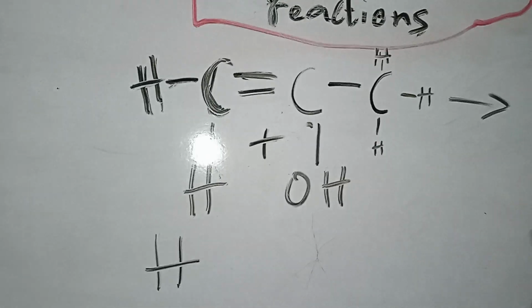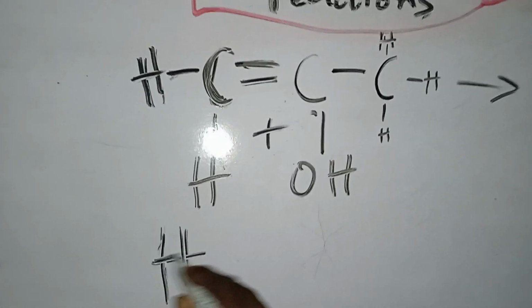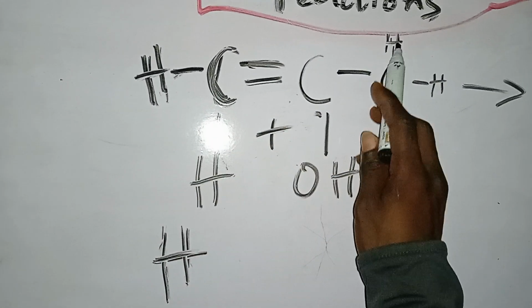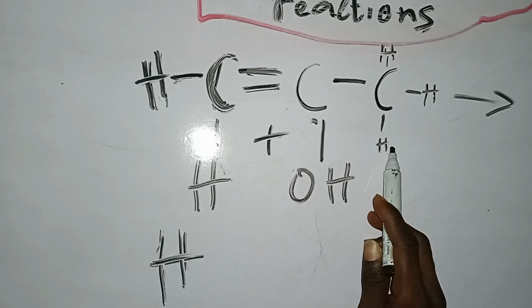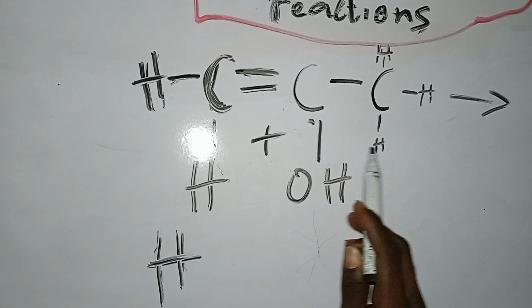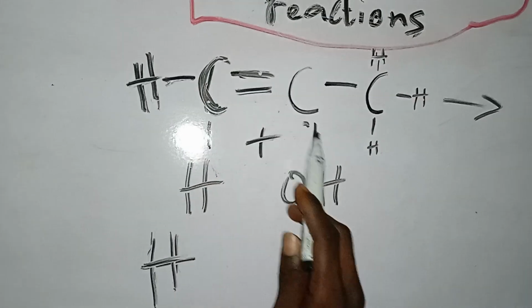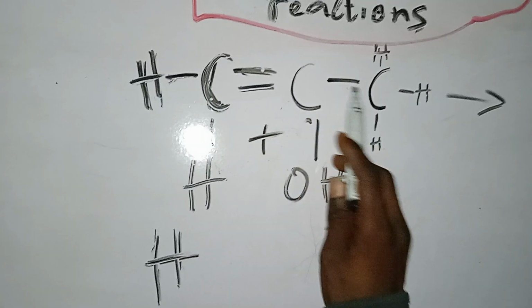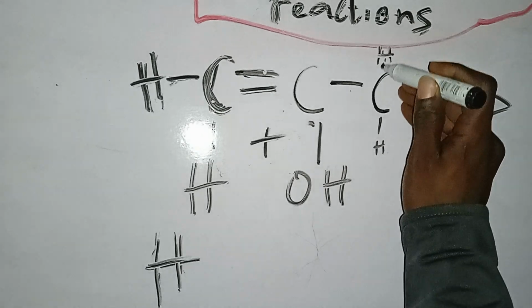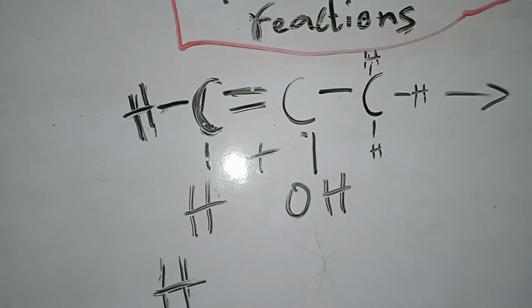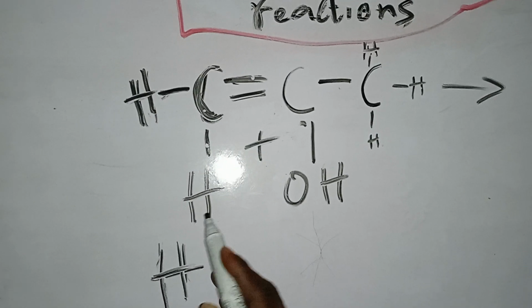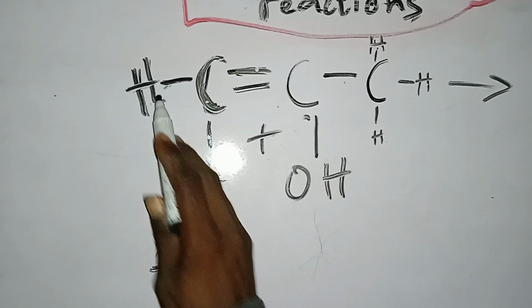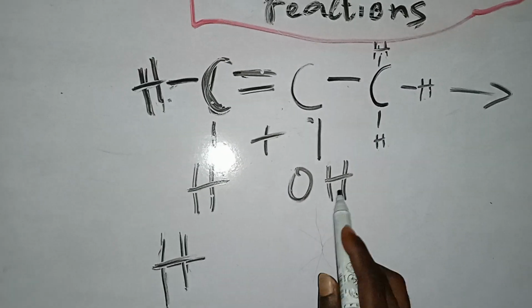So when we are now getting the product, count the H: 1, 2, 3, 4, 5, 6.